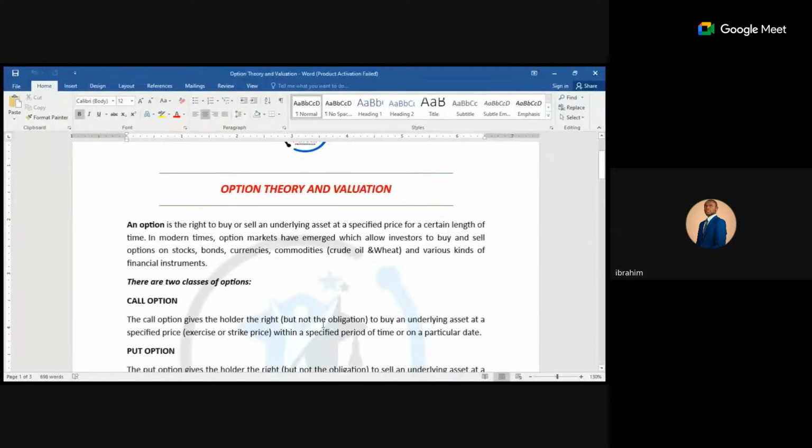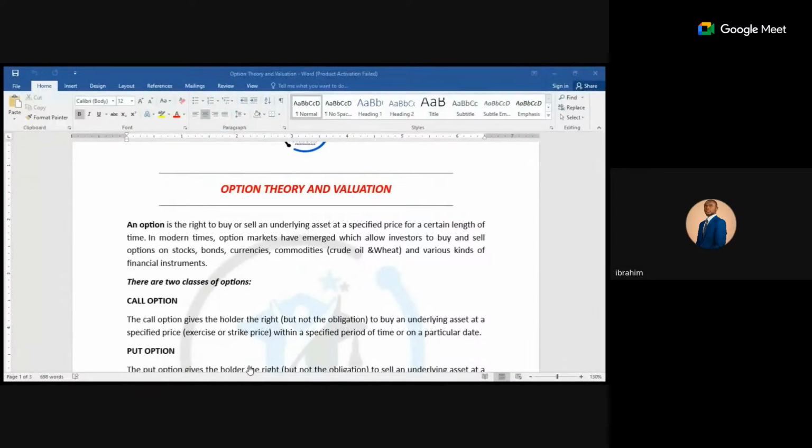Option is the right to buy or sell an underlying asset at a specific price for a specific period of time.